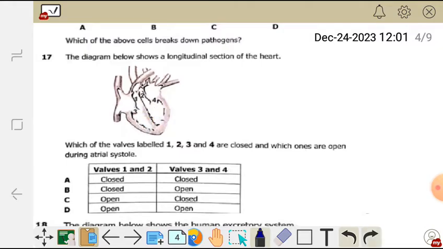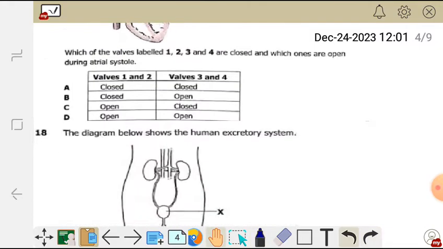So during atrial systole, 1 and 2 closed, 3 and 4 open. Correct answer is B.